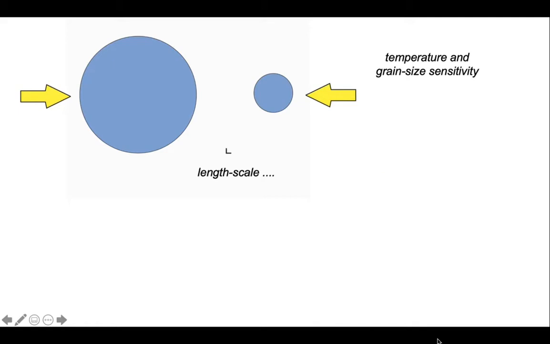So here we've got two grains represented by the blue circles, and again we'll have the maximum compressive stress acting horizontally. So let's say that over the duration of the strain that you can dissolve a small amount of grain length, and this length is common to both grains. Let's allow the deformation to progress.